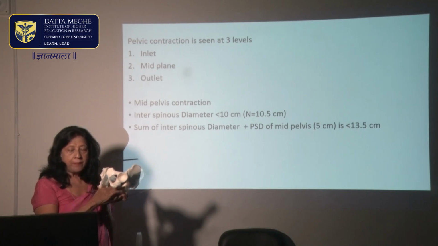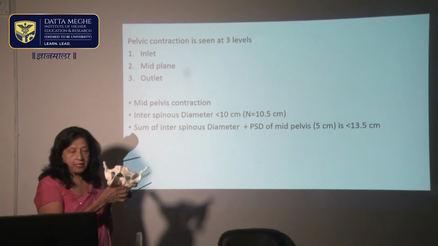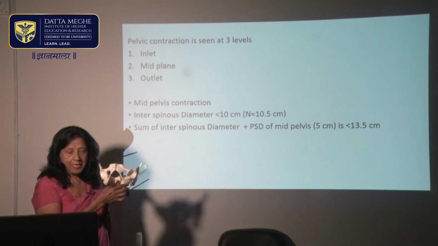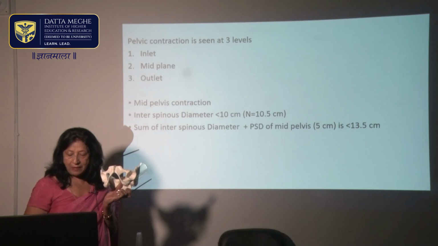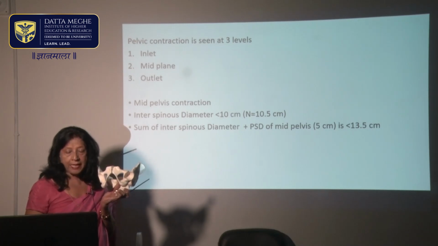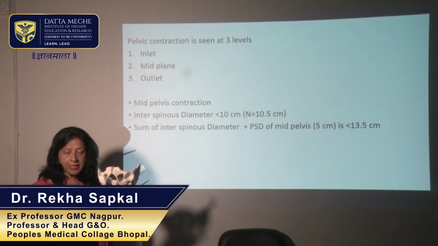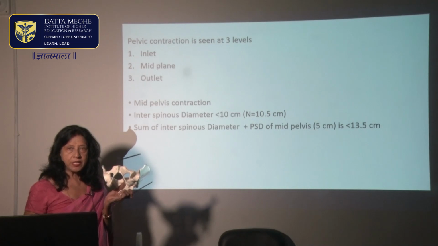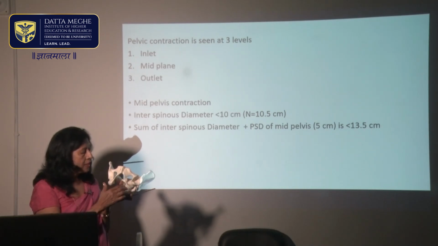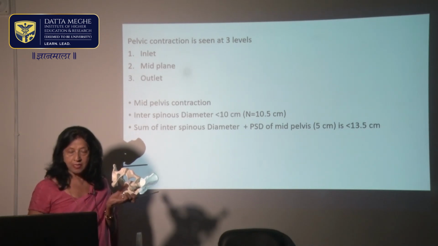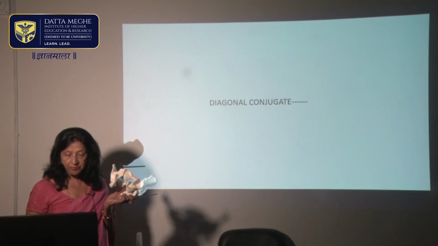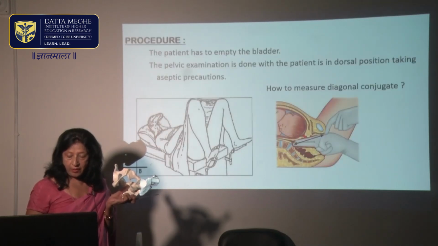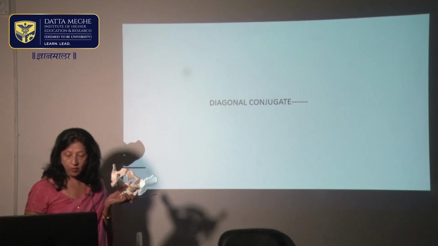If there is mid pelvic contraction, then the interspinous distance is less than 10 centimeters. Mid pelvis can also be predicted by adding the PSD and interspinous diameter, but it is not practiced routinely, so forget about it. Just remember, midplane contraction is there if the sacrum is flat and the interspinous distance is less than 10 centimeters.